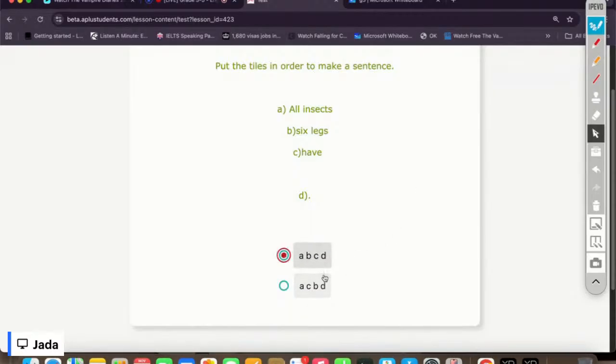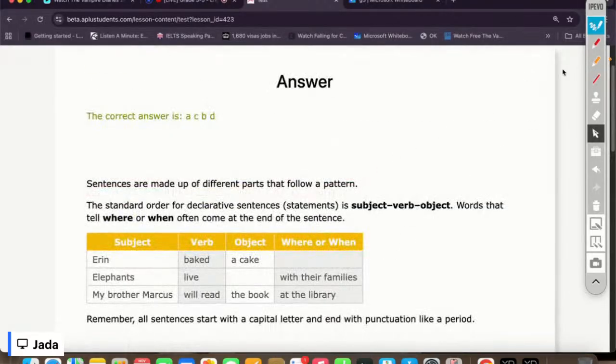Okay, so we have A, B, C: All insects have six legs. Okay, so the A, C, B.